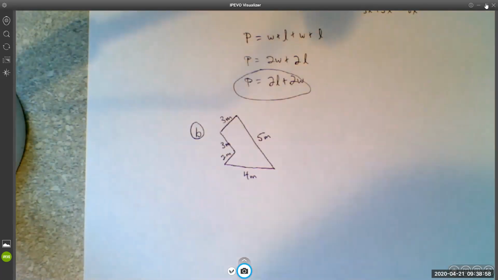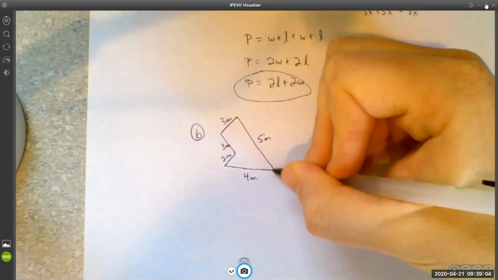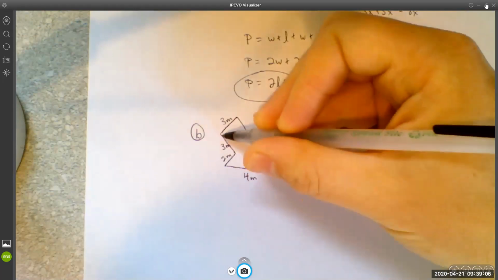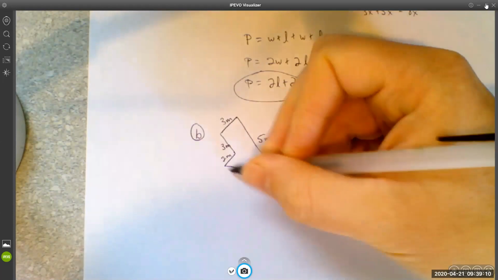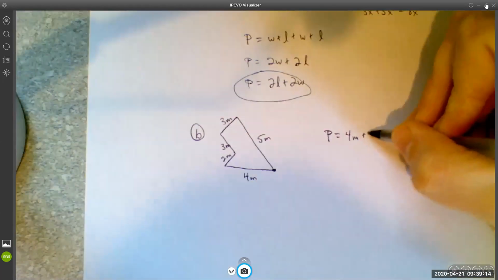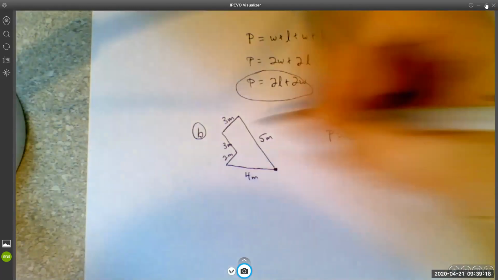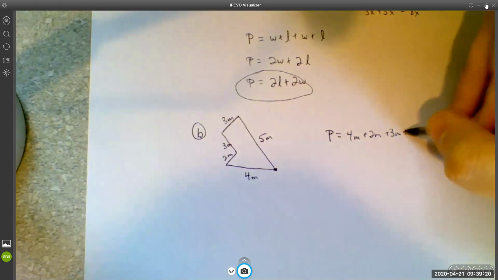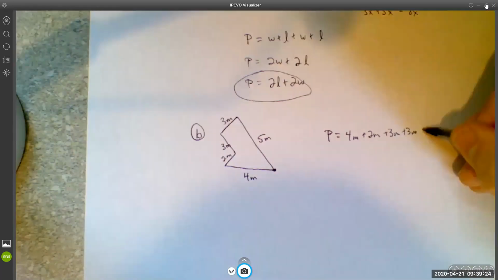Again, the perimeter of this shape is just the distance around the shape. So I'm going to start at this corner, and I'll work my way around kind of counterclockwise, I suppose. So starting in this corner, I'm going to do 4 plus 2 plus 3 plus 3 plus 5, and then I'm back to where I started, right?